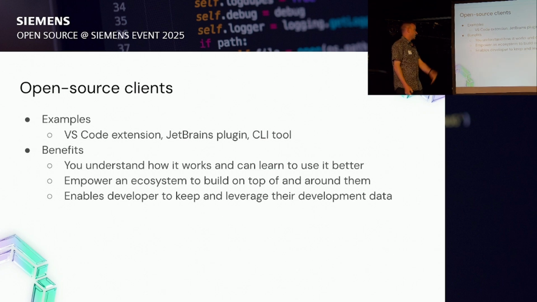And then lastly, this is the kick I've been on for 2 years, and it's starting to become more known and more critical among developers: you get to keep and leverage your development data. We'll go through what development data is, but in my view, it's probably the most important intellectual property of the coming decades, especially for organizations and for developers. This is how you build software, and it's the very data that the AI labs need to train better and better code models.